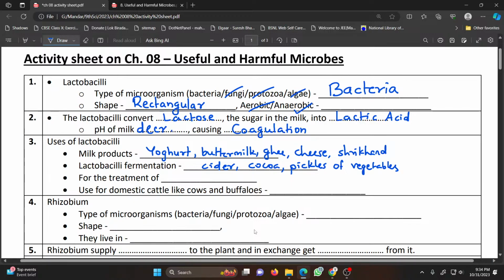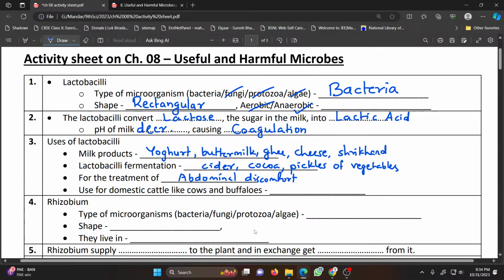For the treatment of abdominal discomfort, probiotic lactobacilli can be used.